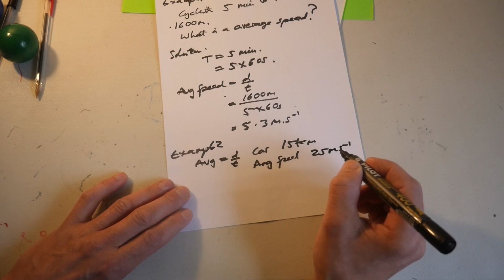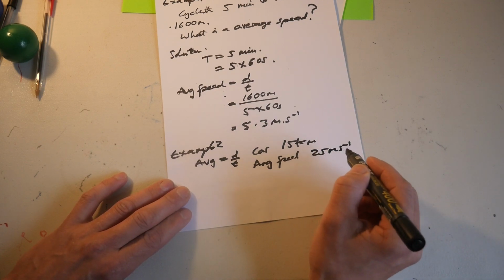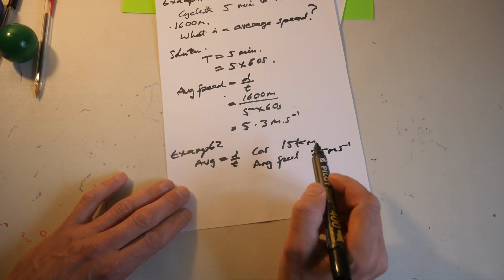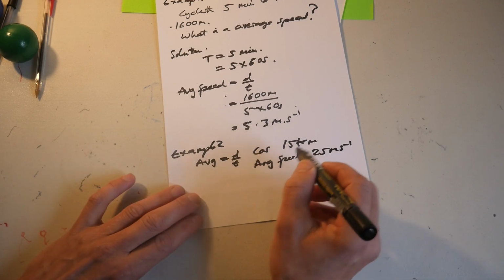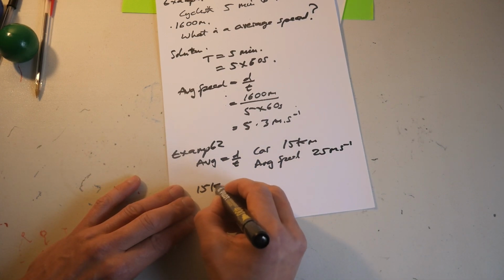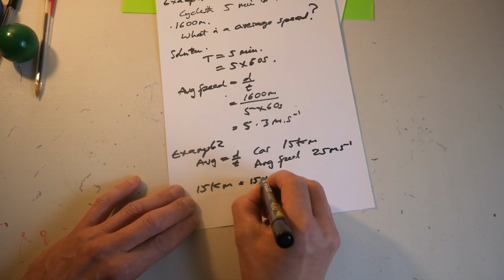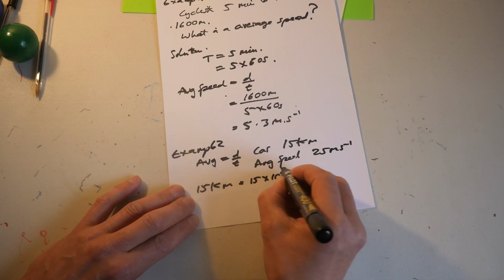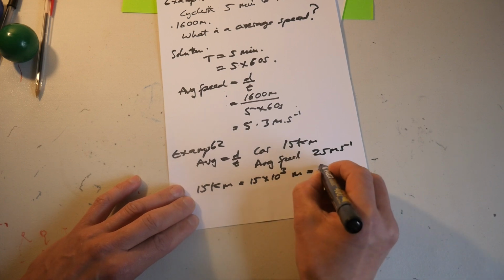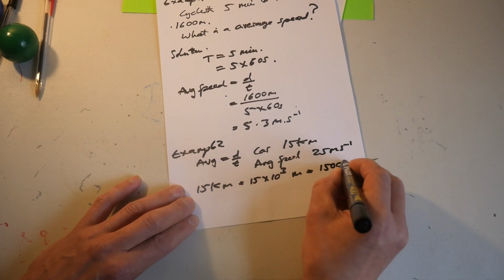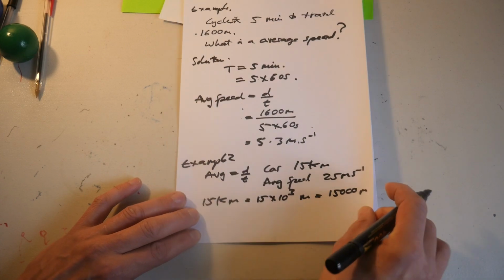So calculate the time taken to travel 15 kilometers, okay? So 15 kilometers equals 15 times 10 to the 3 meters, okay? Which equals 15,000 meters, okay?